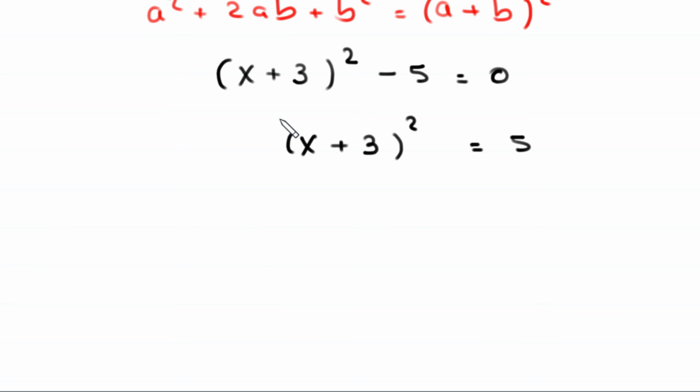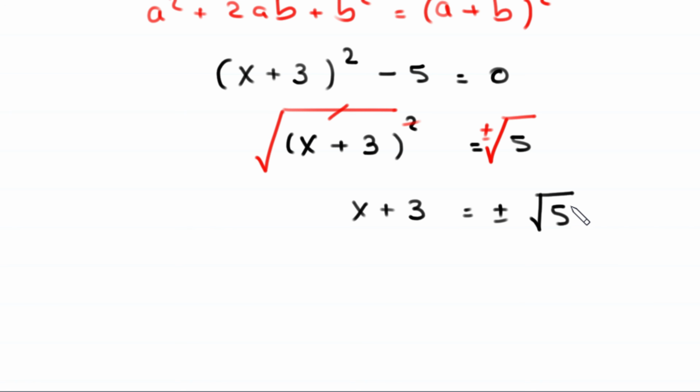Now we take the square root of both sides. So this square will be cancelled out with the square root, and we are left with x plus 3 equal to plus minus root 5. Move this 3 to the right hand side, this will become x equal to negative 3 plus minus root 5.